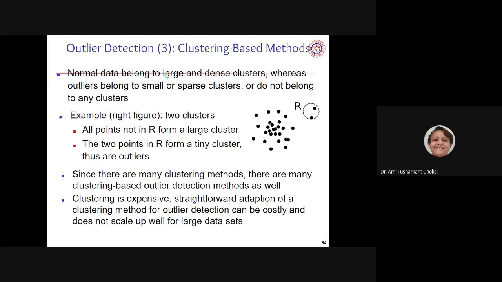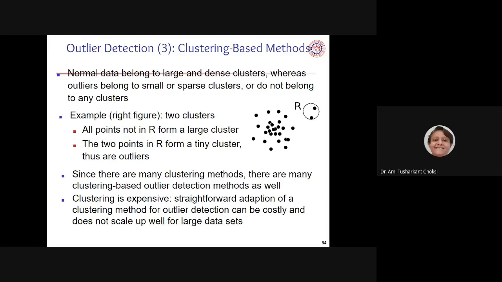Normal data belong to large and dense clusters, whereas outliers belong to small and sparse clusters or do not belong to any clusters.